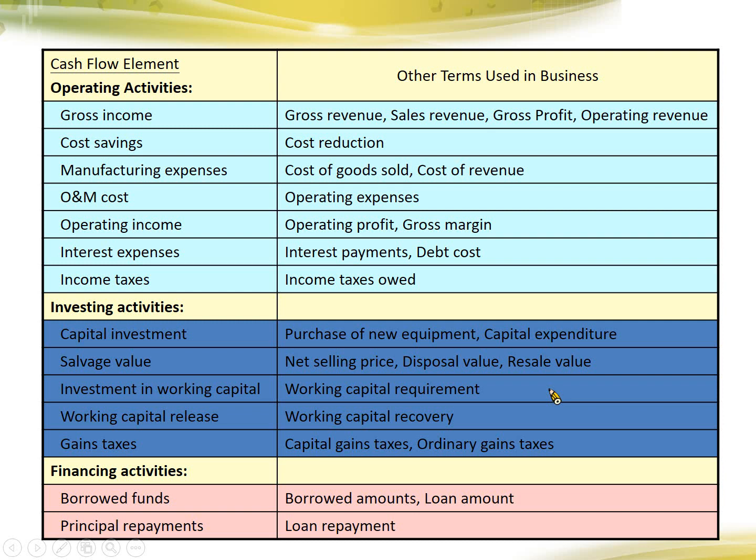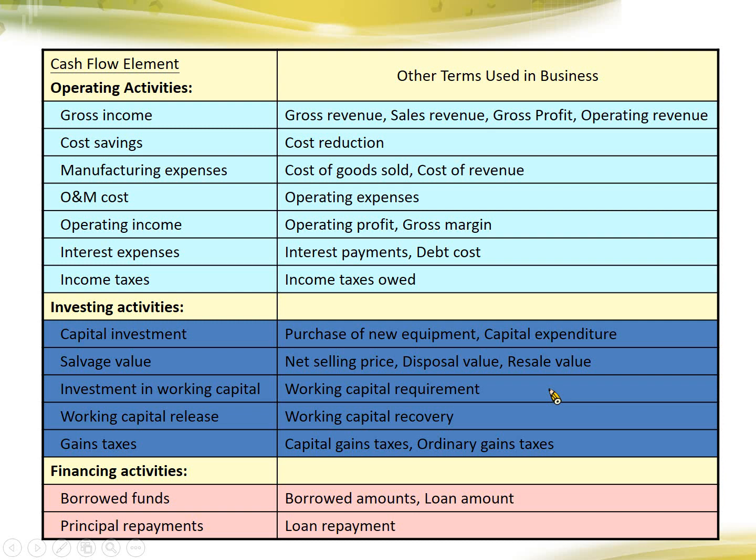Investment activity, I mentioned about capital investment, I mentioned about salvage value investment. Working capital, you have to invest. And at the end of life cycle, you will get your working capital back. And if you have any gain on your salvage value, you need to pay gain tax. And financial activity will be money that you borrowed and the repayment installment.